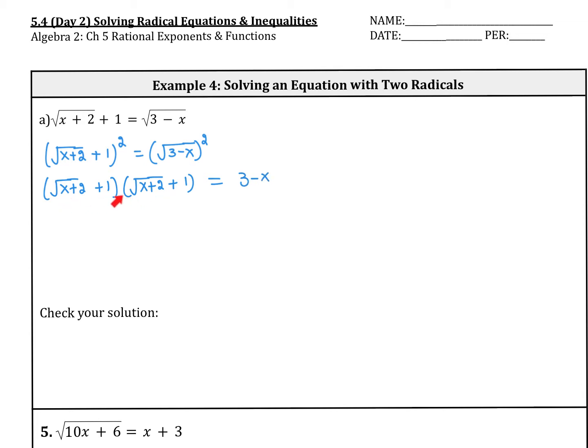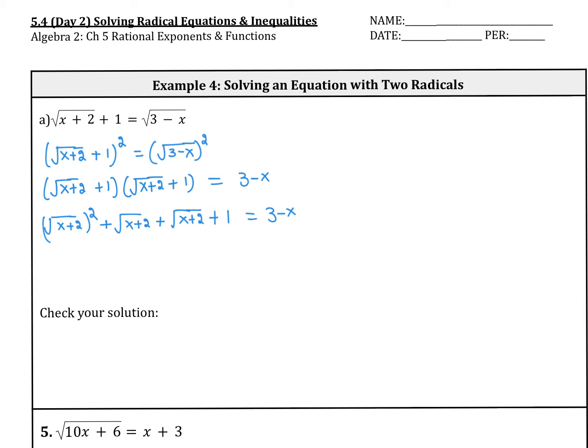Now on this side, I'm going to do the FOIL. So square root of x plus 2 times square root of x plus 2, and that's going to give you square root of x plus 2, squared. Now this time, we distribute the 1: 1 times square root of x plus 2, and then the last one is 1 times 1, and that is plus 1, equals 3 minus x.